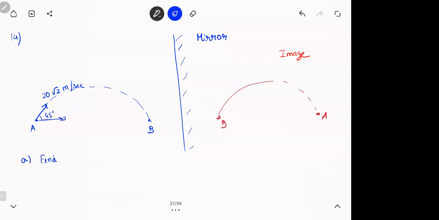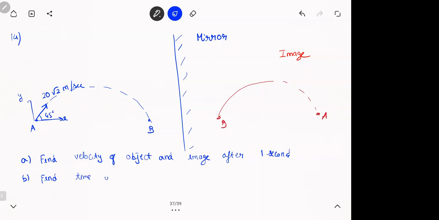Again, this is your x-axis, that is your y-axis as usual. Find the velocity of object and image after 1 second. Find the time when the velocities of object and image are anti-parallel, meaning opposite to each other.